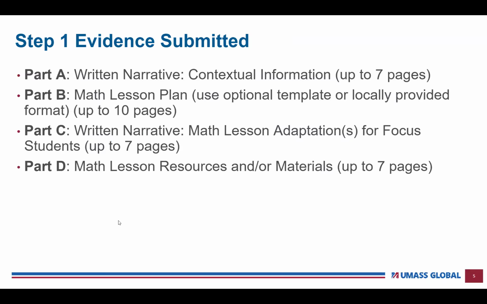It is the most effective, the most promising, and the best option. So please stick with the CalTPA templates for all of your templates. Part C is your written narrative on the math lesson adaptations for your focus students, up to 7 pages. And Part D is your math lesson resources or materials that you used to complete your lesson plan, up to 7 pages.